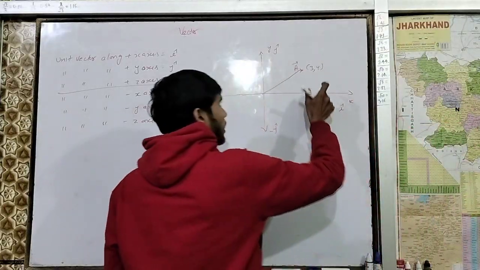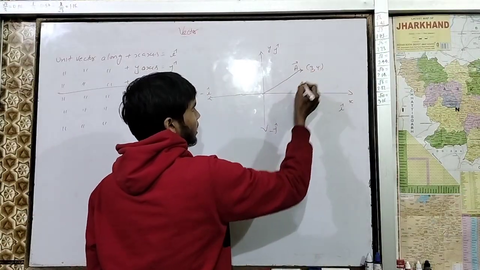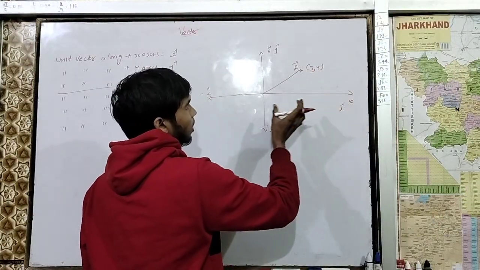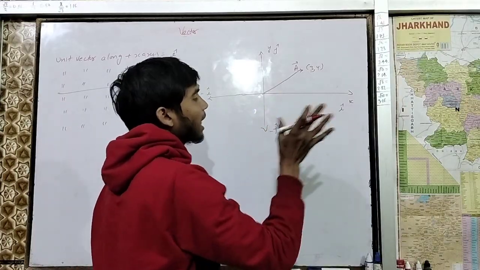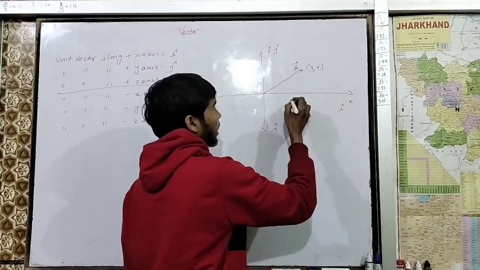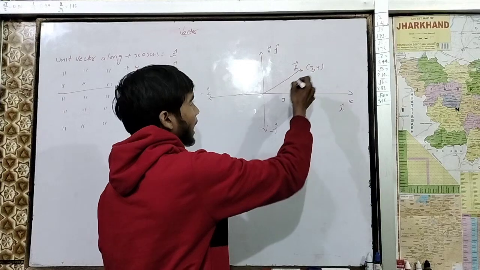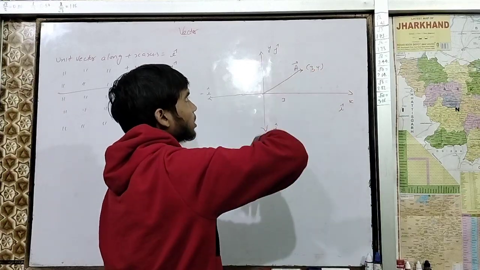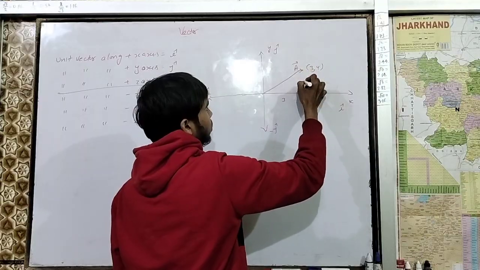Now try to understand the meaning of this coordinate. It is saying this particle covered 3 units in the I cap direction, so till here 3 units, and 4 units in the J cap direction, upward, so 4 units.